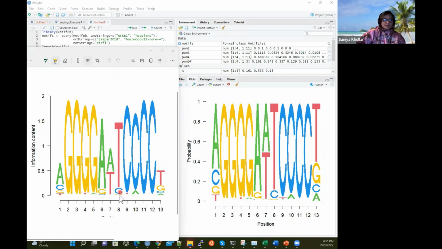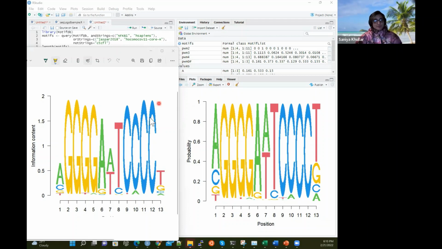But here, this could be T and C, maybe to a lesser extent another base. I think that could be a G here in position 8. It's because we have T and then C here, and that's why this C is a bit more than this G here. So this T is sharing a little bit more with the C, so the information content in this position is less.